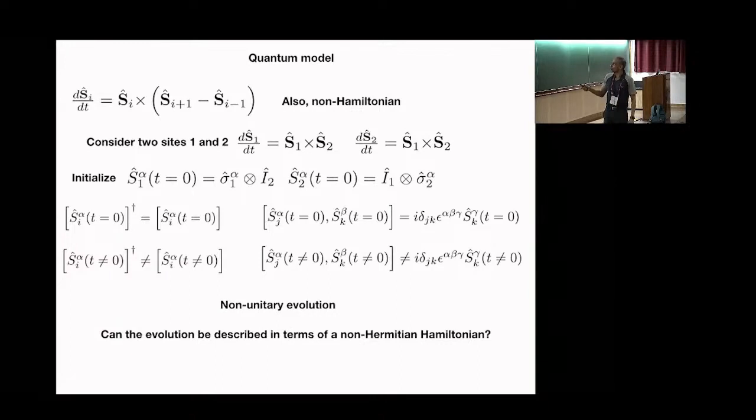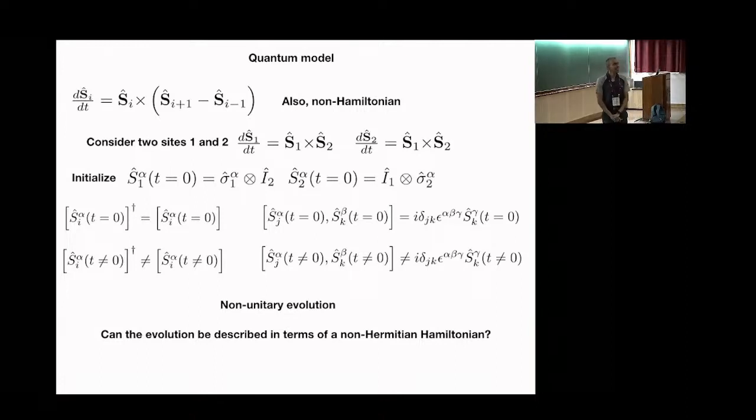So you could try to numerically solve these equations for these two spins, initializing these two spins to be just regular quantum mechanical spin half objects, regular Pauli matrices, and ask what happens when you let the system evolve according to the dynamics. And it turns out that all hell breaks loose.